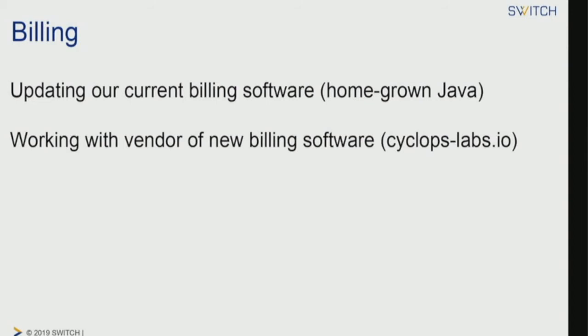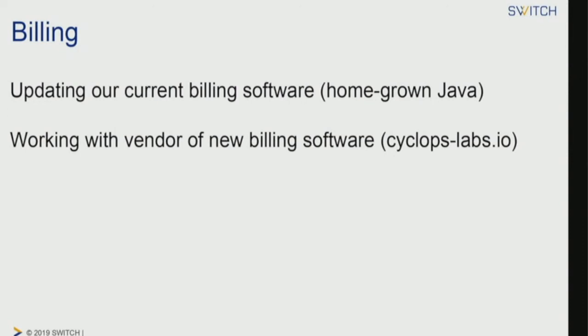We have billing. Why use one billing system when you can have 2 billing systems? We have one written in-house that we have updated with the capability of looking at flavors and determining if they have GPUs. We're also working with a vendor, a spin-off of ZHAW, Cyclops, to implement that functionality for us. And as I said, we will work with Puyo and Vision to include these capabilities as well in the layer that they provide on top of OpenShift.